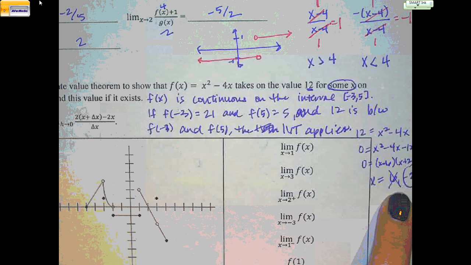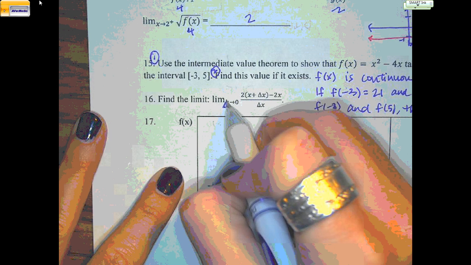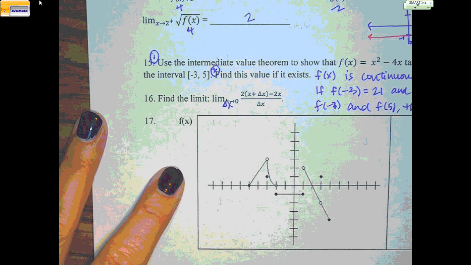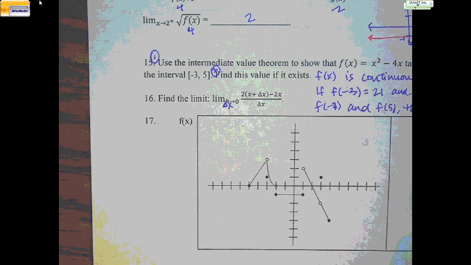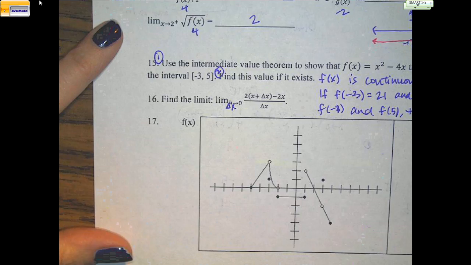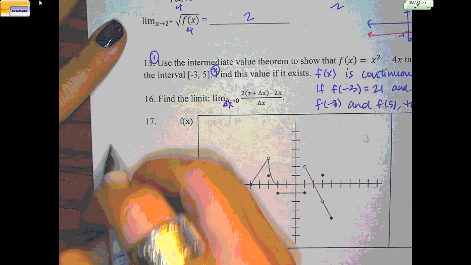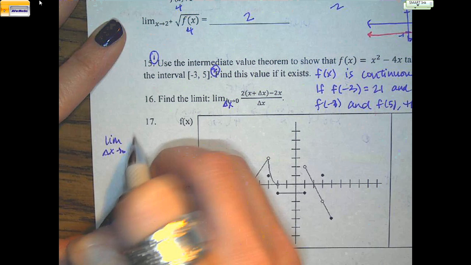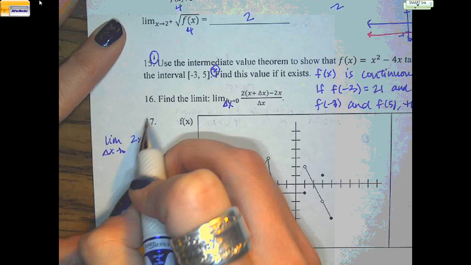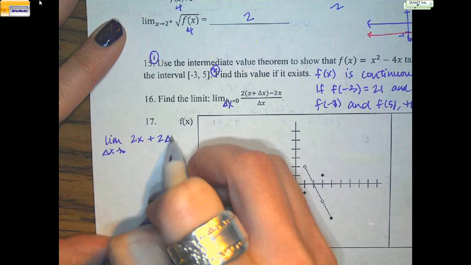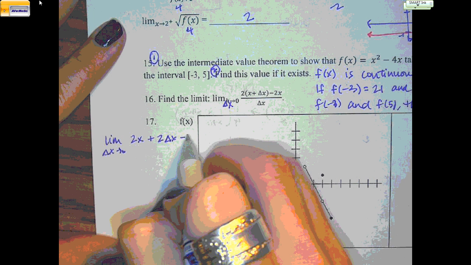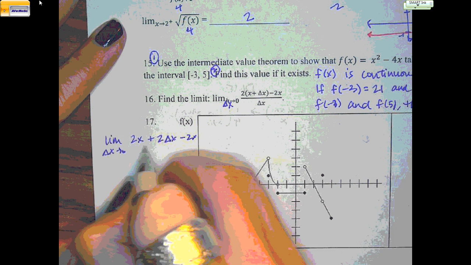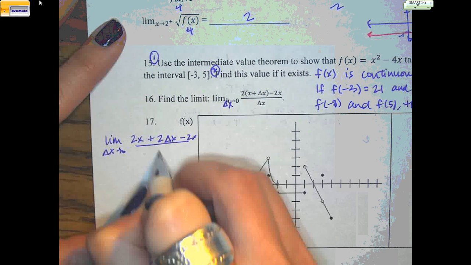16. I told you guys to change that to delta x. You can't plug in a delta x because everything becomes undefined. We're hoping that there's just a hole somewhere and that we can cancel some stuff out. So let's distribute so that we have the limit as delta x approaches 0 for, I'm going to multiply 2 times x plus 2 times delta x minus 2x all over delta x.